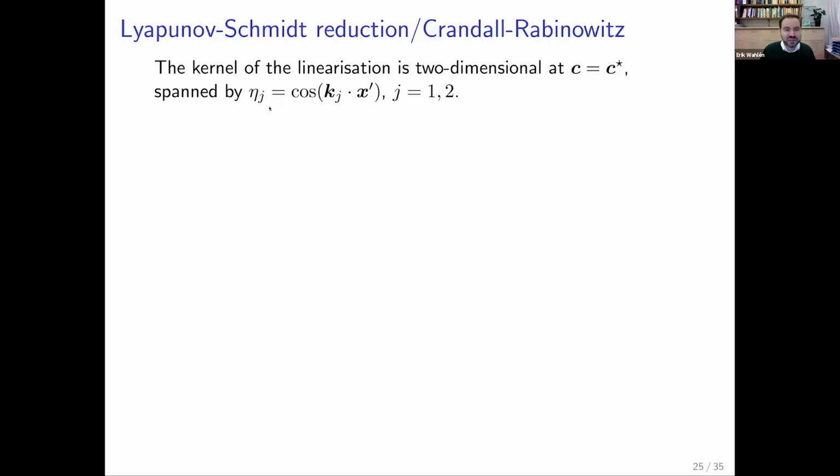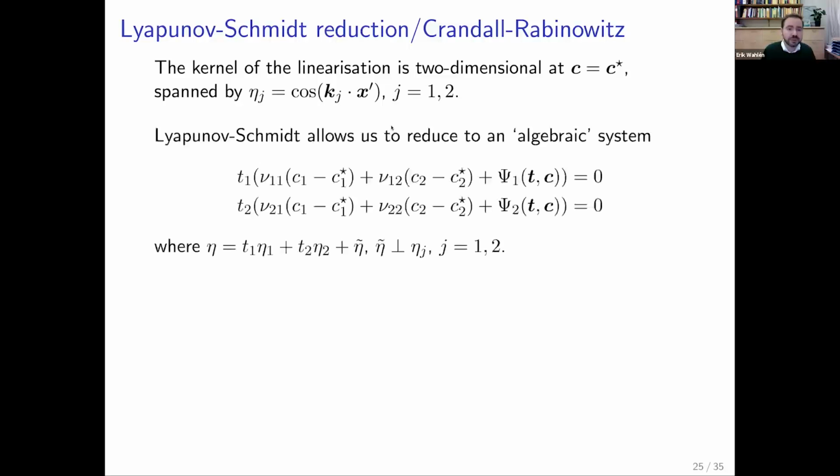And so now I've reduced to the surface, so it's spanned by these cosine modes, if we assume the evenness condition. And so then Lyapunov-Schmidt allows us to reduce to a sort of algebraic system like this. And so the transversality condition essentially tells us that the determinant of these coefficients is non-zero. And so then you can solve these equations for C.